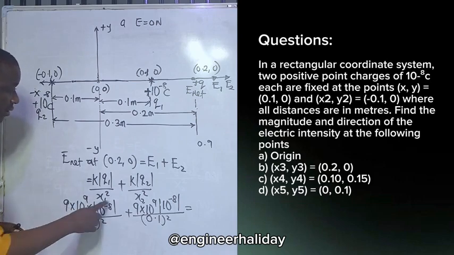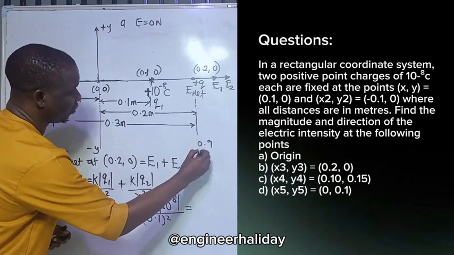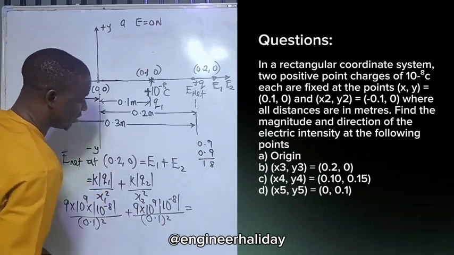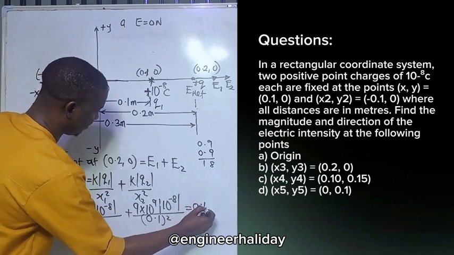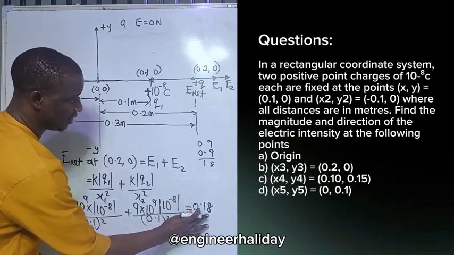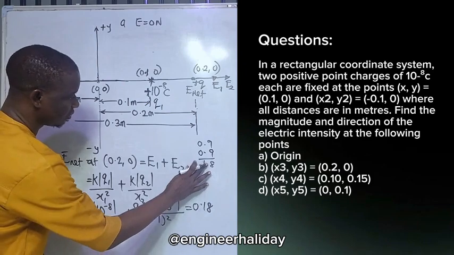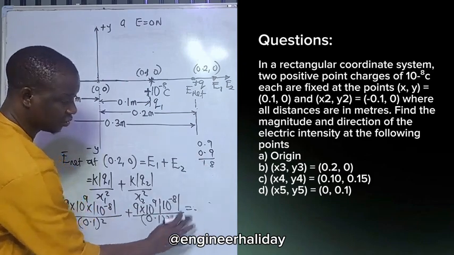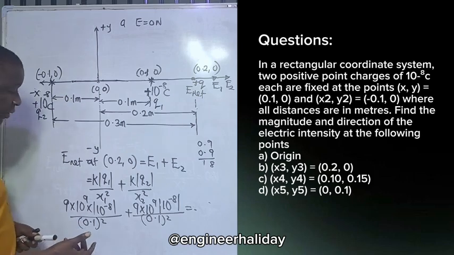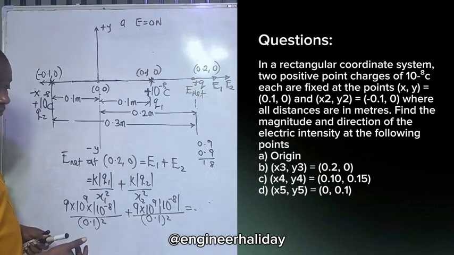That is 0.9. 0.9 plus 0.9 is 0.18, or 1.8. Confirm it for me. These two are when you add them together. What I'm seeing is 1.8, but let's confirm it.